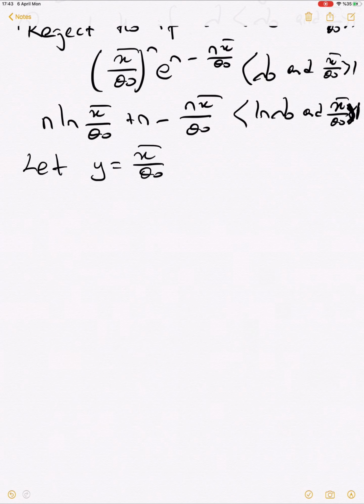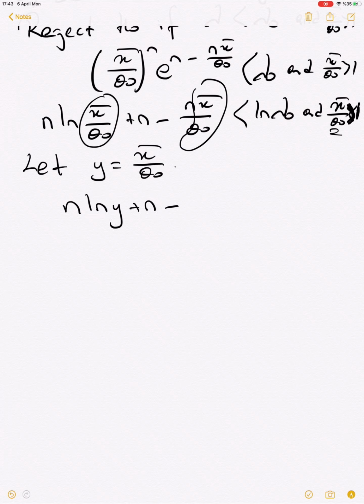Now our statistic here is x bar over theta 0, so our function is based on this value. Let's write our function in terms of y: n ln y plus n minus n times y less than k, and y greater than 1.